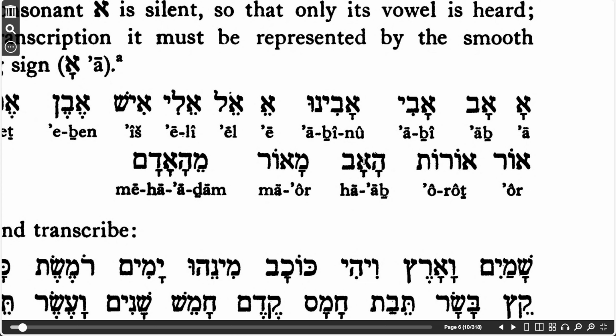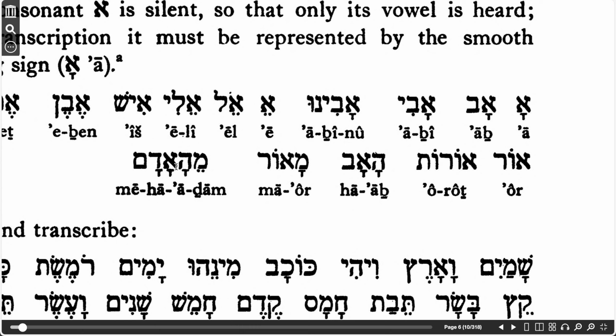I'm not saying the vocal equivalent of the aleph because it's silent. There's no vocal sounds to it. So there's kind of like a pause. You sense the pause. Me ha adam. So you're sounding two vowels after each other because that's silent, but there's that slight pause that allows you to do that.